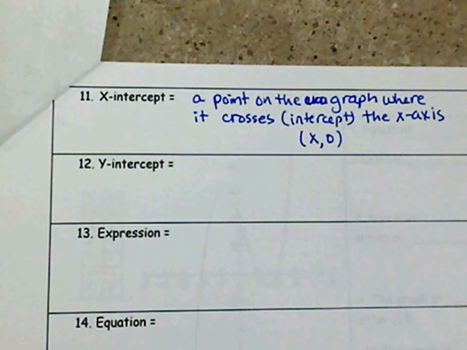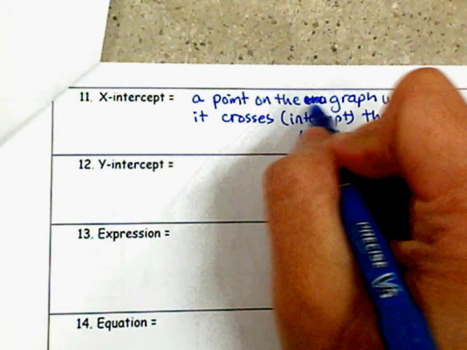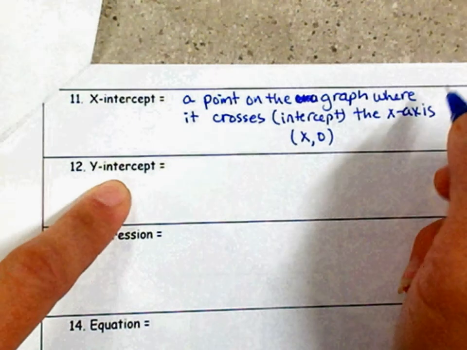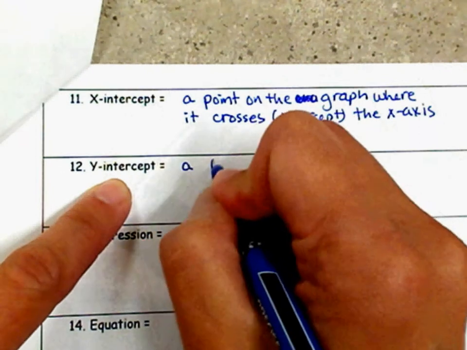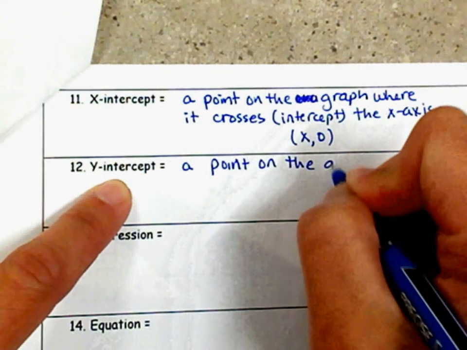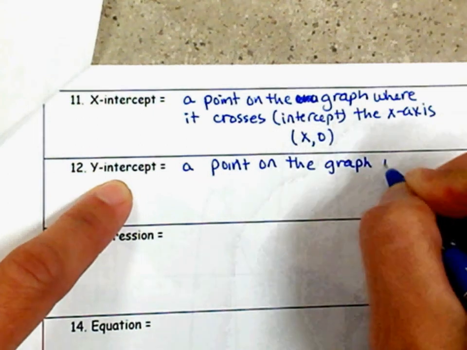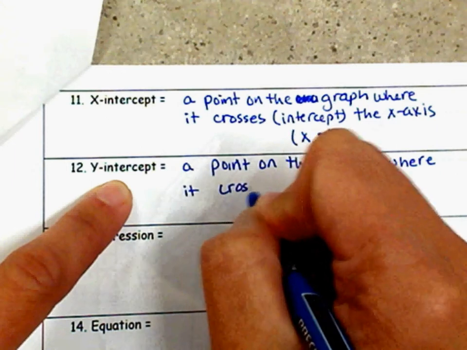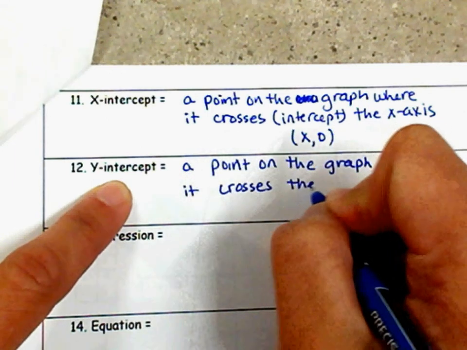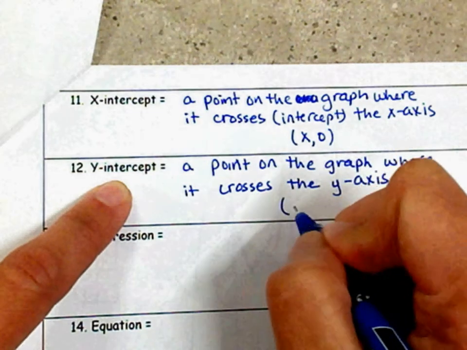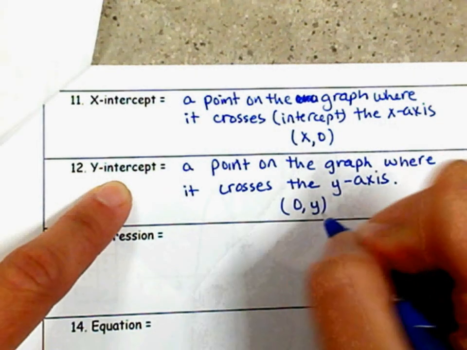So it's the point on the graph where it crosses the x-axis. Y-intercept is a point on the graph where it crosses or intercepts the y-axis. In that case, you usually have 0 and there's a value for y.